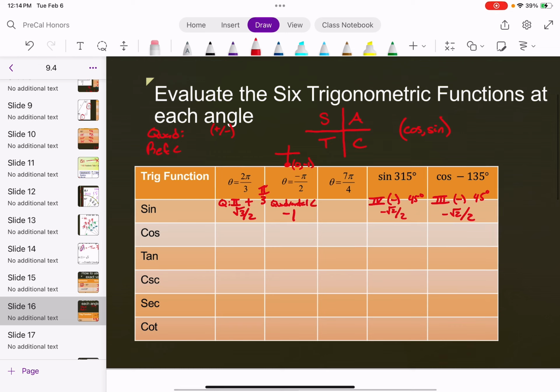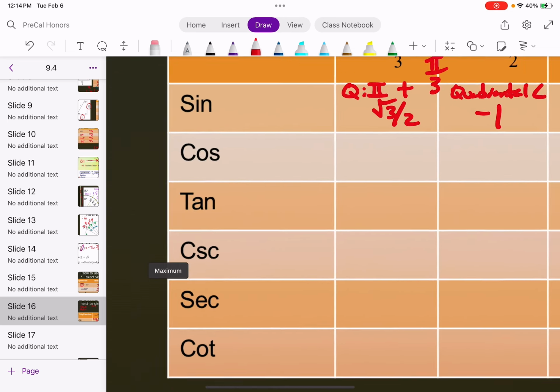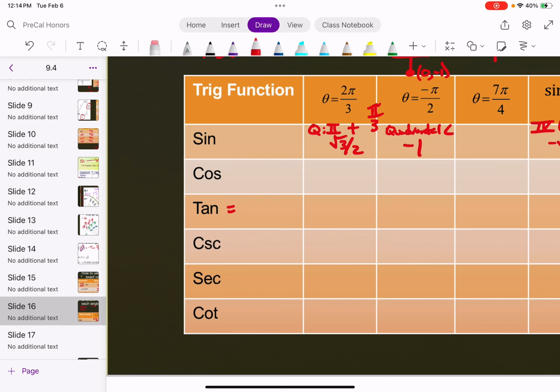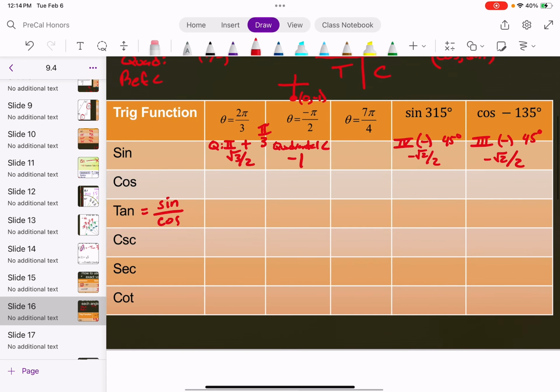Now you would repeat this process for each and every one of your different trig functions. You would do it for sine, you would do it for cosine. Keep in mind, tangent is equal to sine over cosine, and when finding that final answer, you will have to divide sine by cosine. Also keep in mind, when you divide a fraction by a fraction, you keep, change, flip.